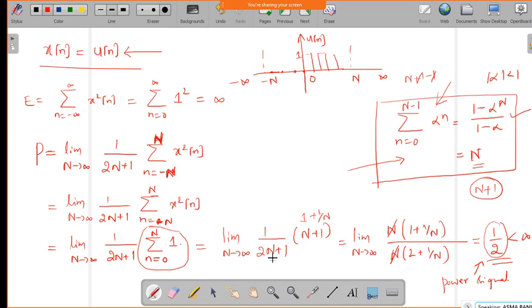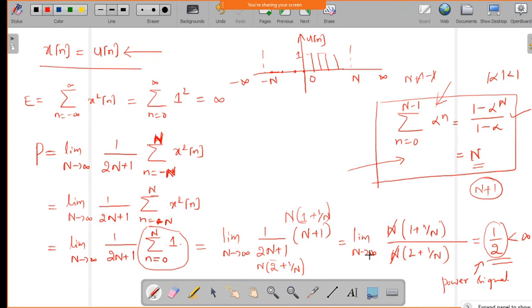Similarly, if I take n common here, what will you get? In this term you will get 2, plus in the next term you will get 1 over n, right? So that same thing I have taken. Numerator and denominator both, n terms I have taken common, and it will cancel each other.